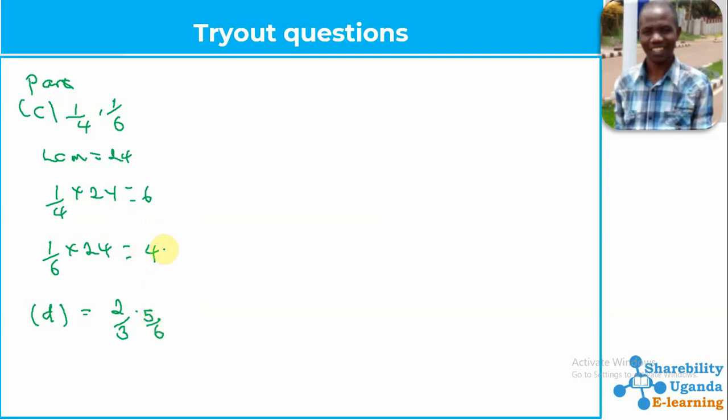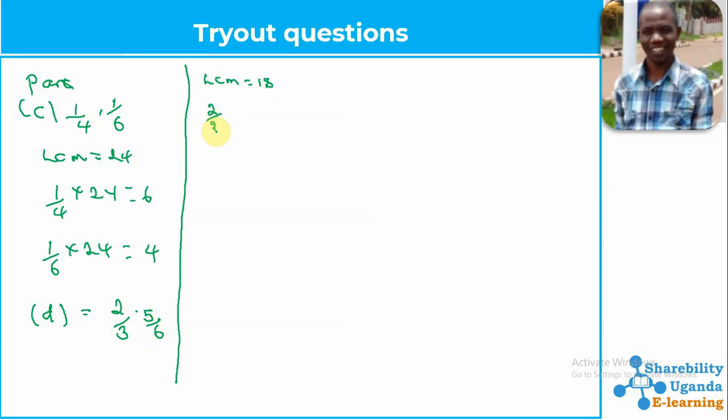Let's come here and use our factors. So what is 3 times what? 3 times 6, we get 18. So now we are going to say LCM is going to be equal to 18.